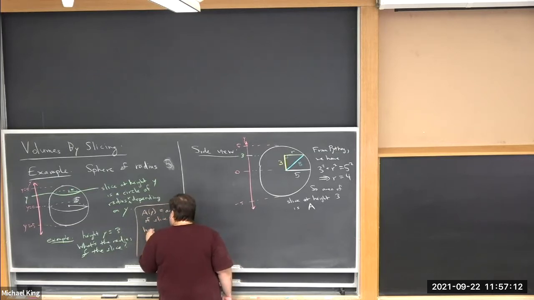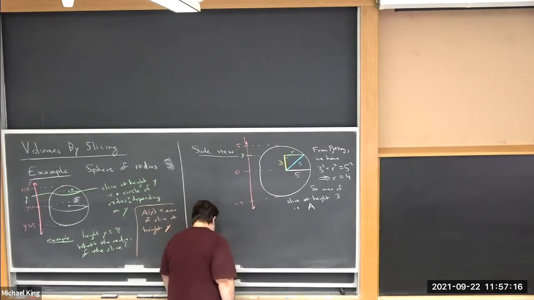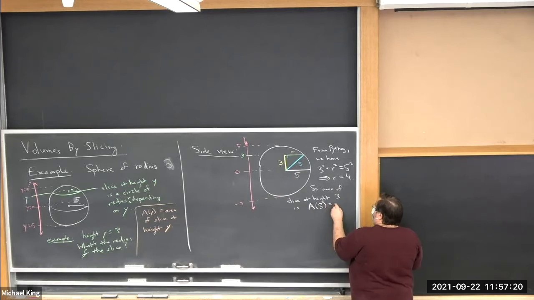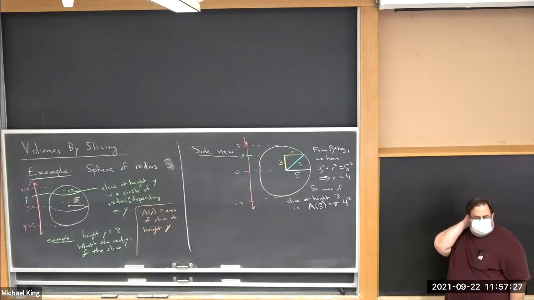And that's the function we're going to end up integrating, right? You've seen that from the examples we've done so far. So that's A of 3, which is pi times 4 squared. So it has to be 16 pi here. Is that plausible?